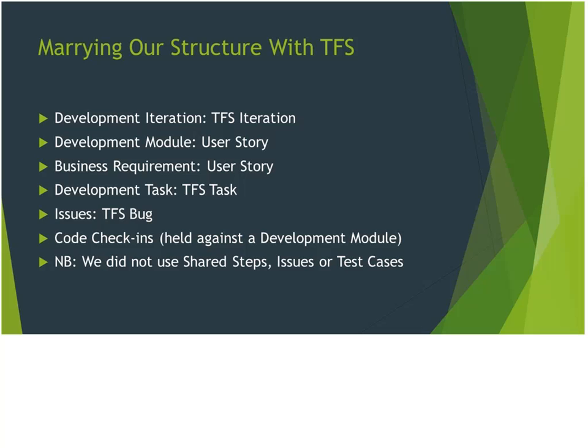For the development module and for the business requirement, we've used the user story in both cases. To differentiate them for reporting is where that areas concept comes in. For each one of these records, there's a field where you can select the area, and it's just a drop down. So I created an area called development module, and another one called business requirements. And it was just a case of labeling the specific record appropriately.